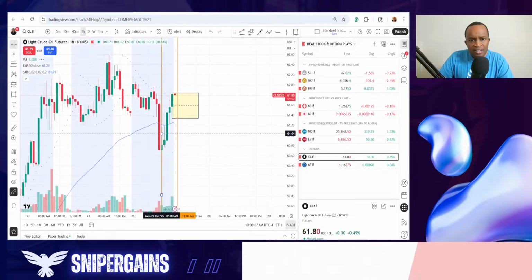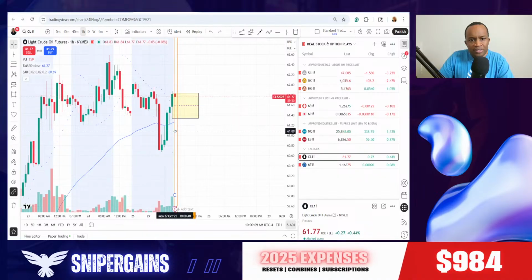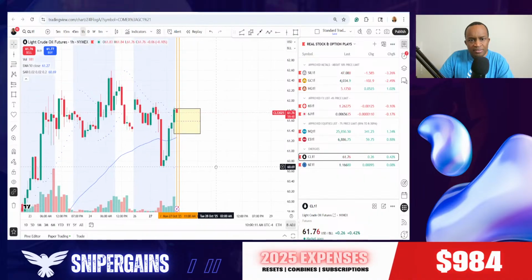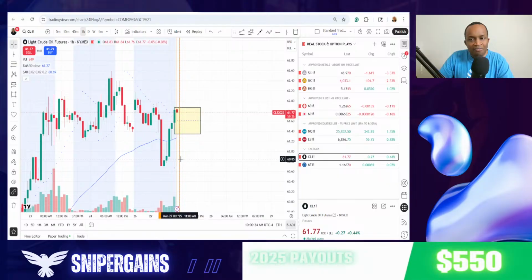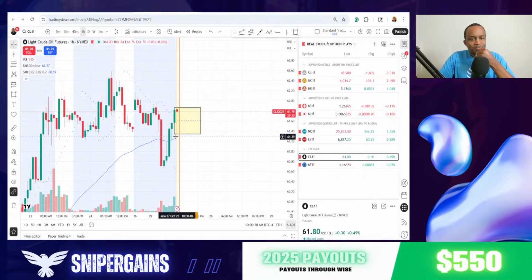With crude oil, it's going to be a little tricky for sure because it's most likely going to sweep the top of that 9 a.m. hourly candle. If it sweeps the top and the bullish star dots are underneath, it's going to be a conflict of interest. So I'm going to have to stay away from that setup for right now.